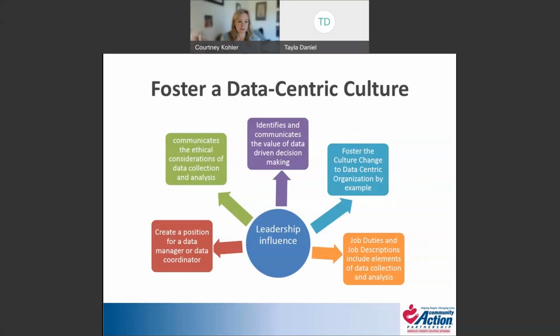So these are some of these we've already talked a little bit about, but these are some different ways that we can foster a data-centric culture. Leadership influence is a big piece of this. It's a core component, but there's people at all levels of the organization who can participate in shifting to more of a data-centric culture.